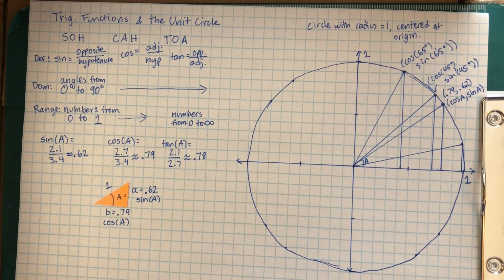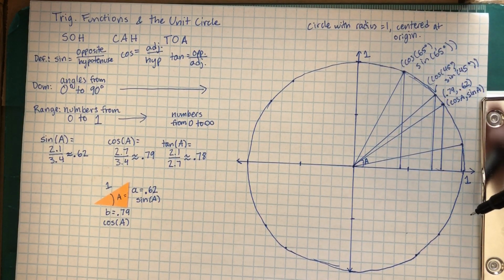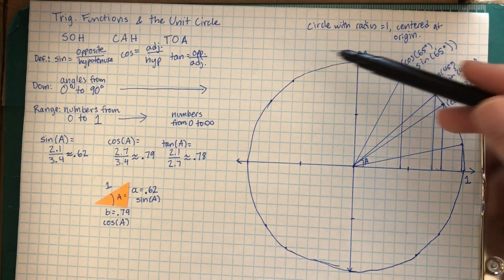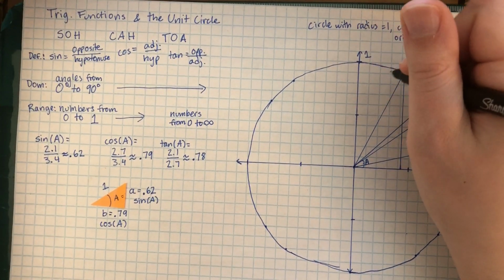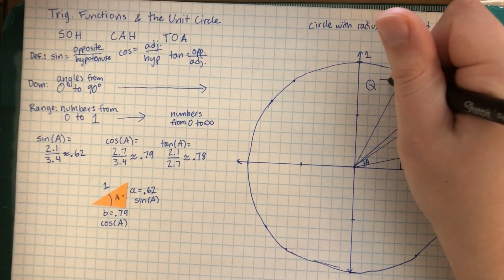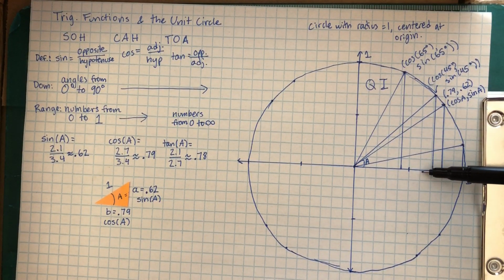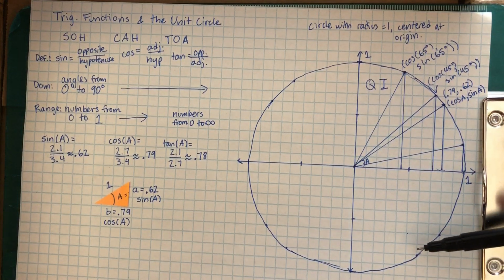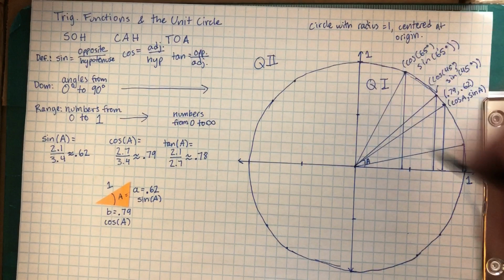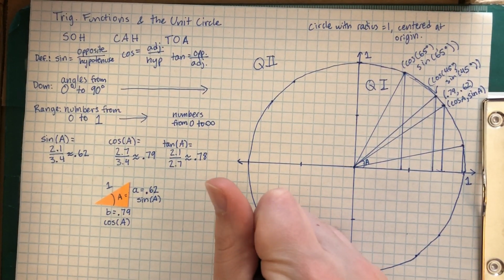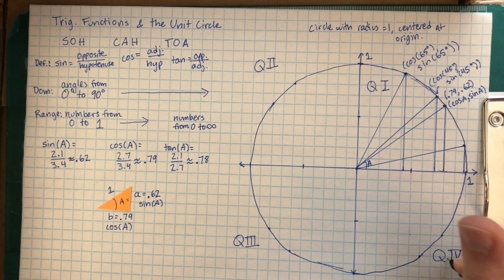So we might want to think about not just the coordinates of the points in this first quadrant, but the coordinates of points in all 4 quadrants. So we call this quadrant 1. And because we're measuring our angles starting from the positive x-axis and going counterclockwise, let's call this one quadrant 2, quadrant 3, and quadrant 4.